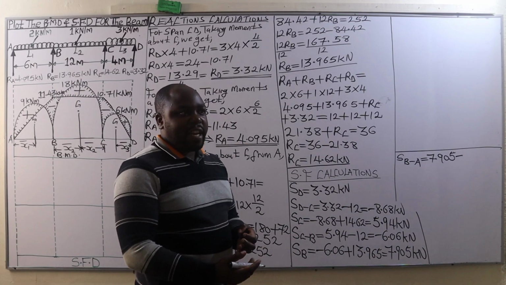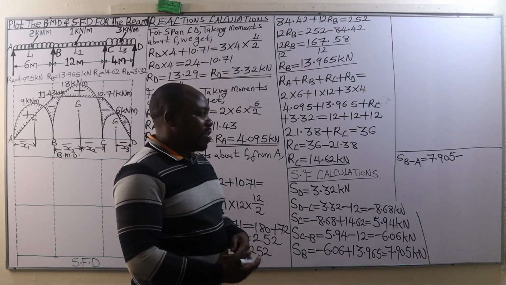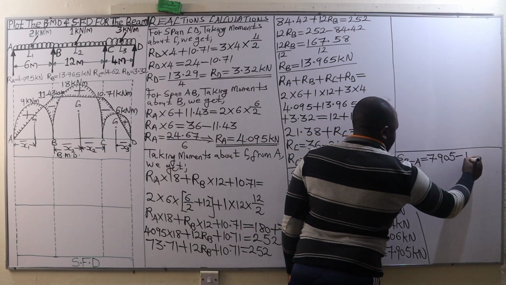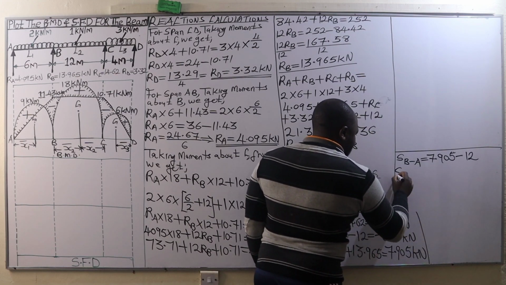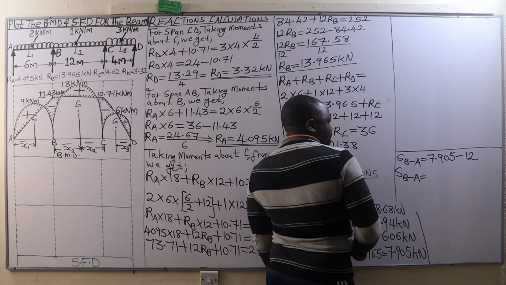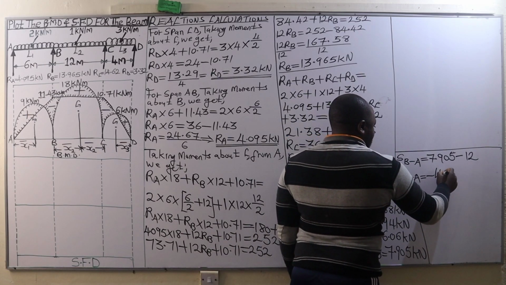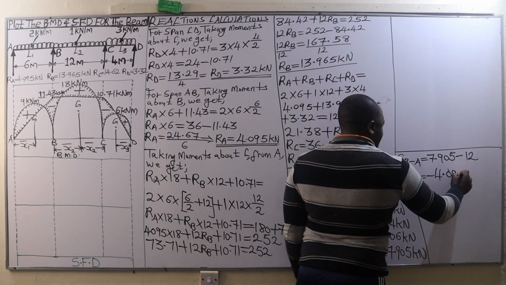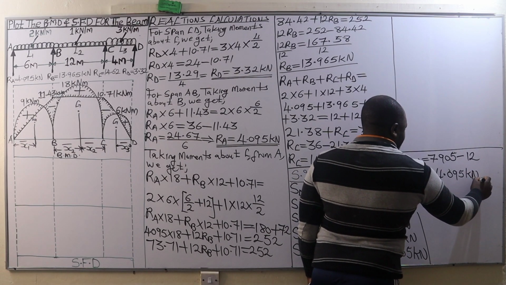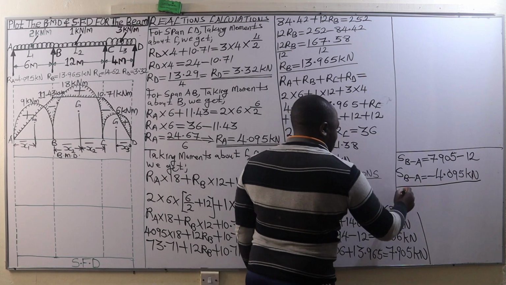When we multiply by 6, we convert it to point load. So that is going to be 2 times 6, which is 12. And the shear force between B and A is going to be negative 4.095 kilonewtons. So those are the values of the shear forces.